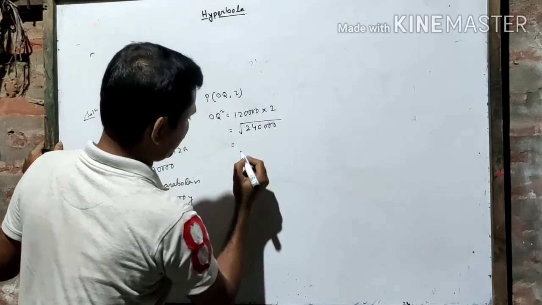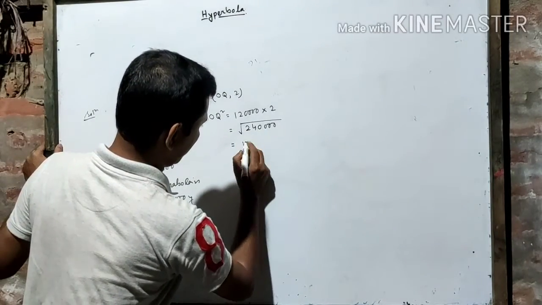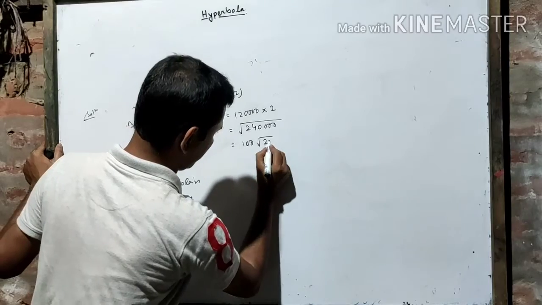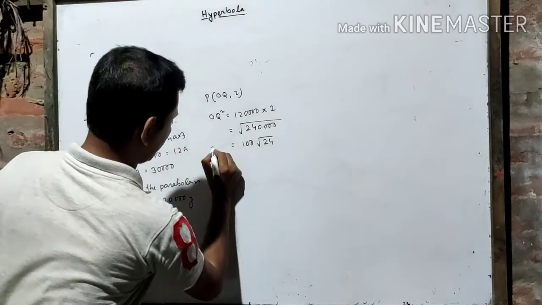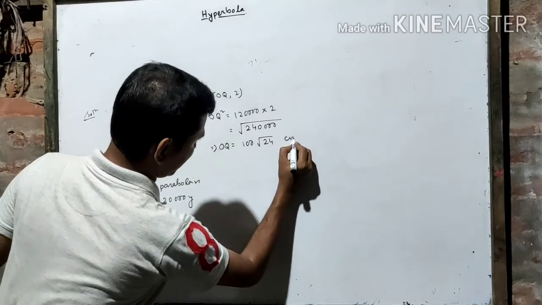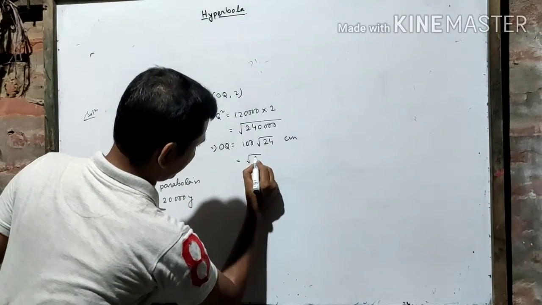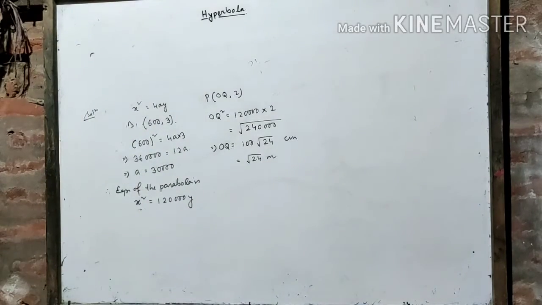This is equal to 100 root 24. Okay. So OQ is equal to 100 root 24 centimeter is equal to root 24 meter. Okay. So this is the correct calculation. You just make the correction.